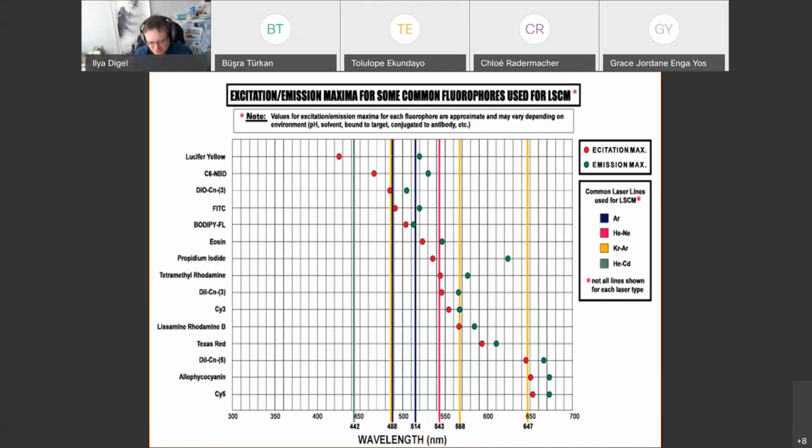Initially, fluorescence microscopy historically used a mercury lamp, which produces, well, not such a nice spectrum. It has lots of lines and bands in the spectrum, and was not perfect, but was okay for the beginning.